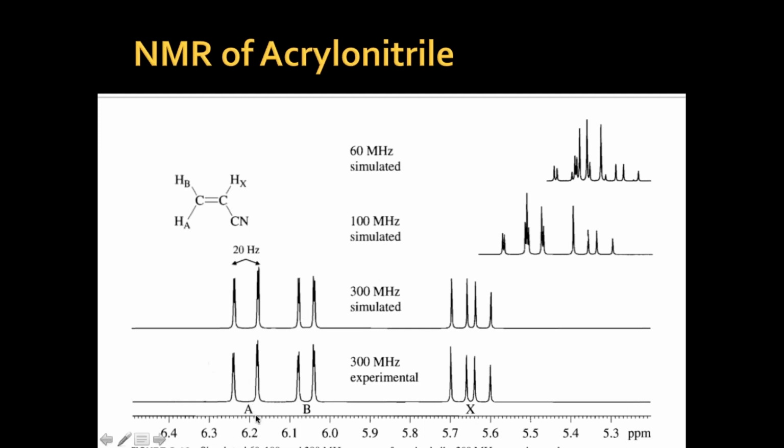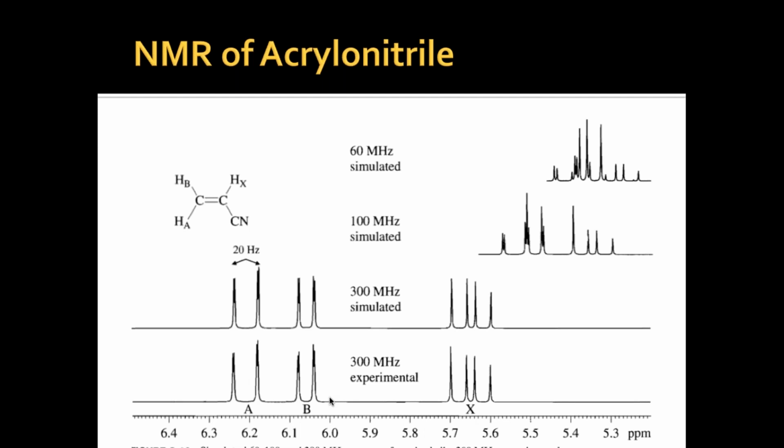So just to understand here, cyanide is an electron withdrawing group. It withdraws the electron. So once it withdraws the electron, all the hydrogens shift towards downfield, because they are in the influence of the external magnetic field. None of the electrons, or very few electrons, are shielding them from the magnetic field.